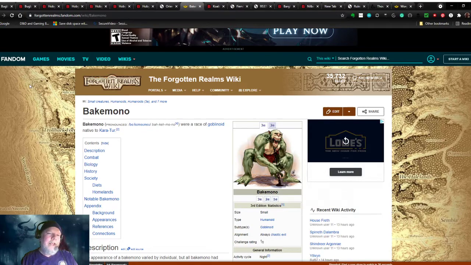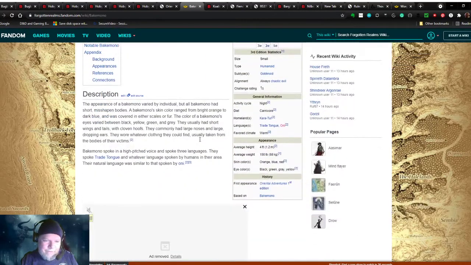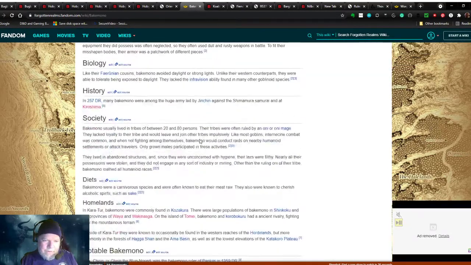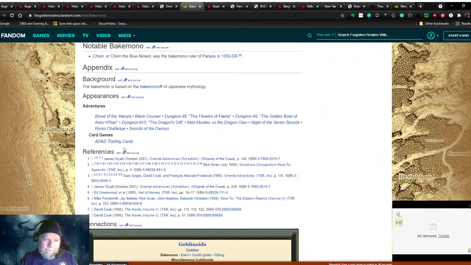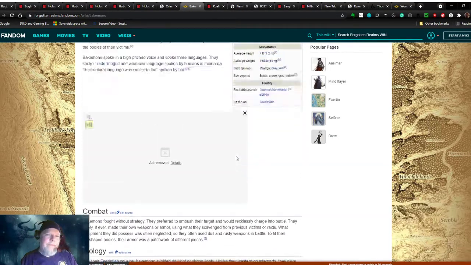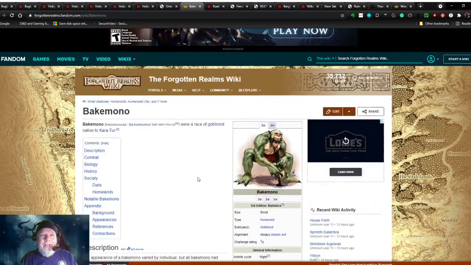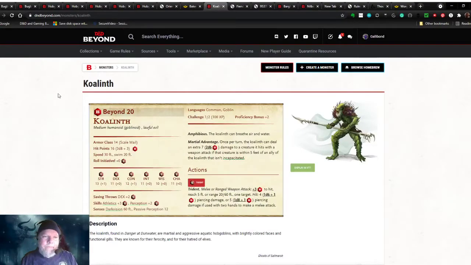I guess this is fan lore that's pulled from many different places, and you can see down at the bottom here, it'll tell you that they pull it from all kinds of different sources, including some of the really old source books, some Dragon magazine articles, and published adventures and things like that.